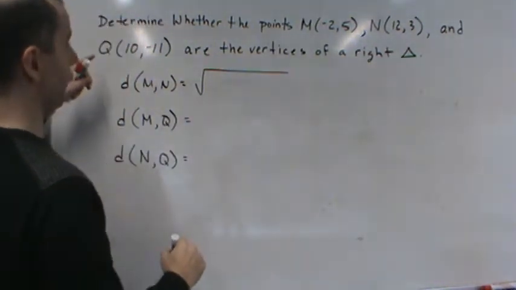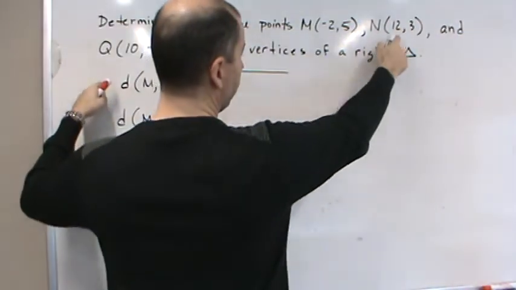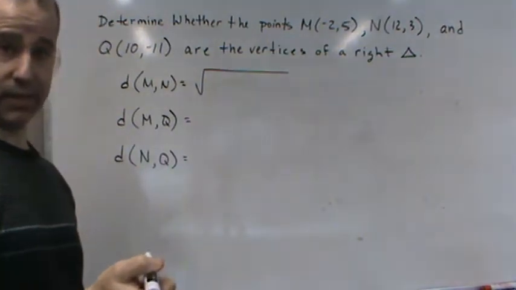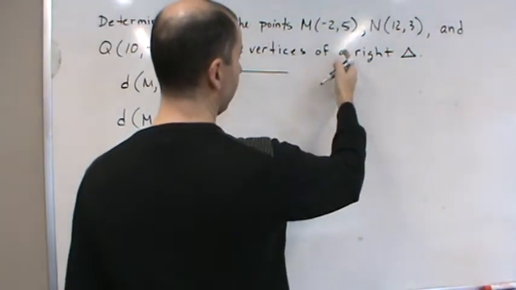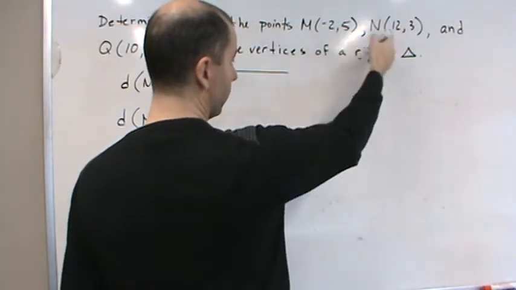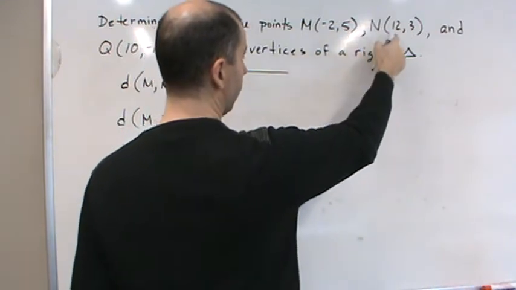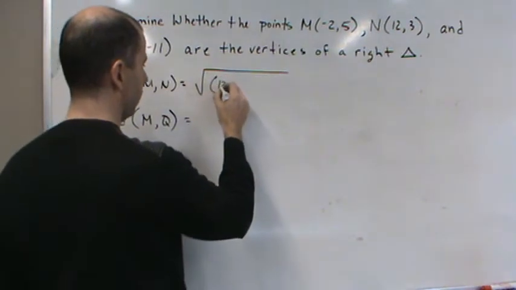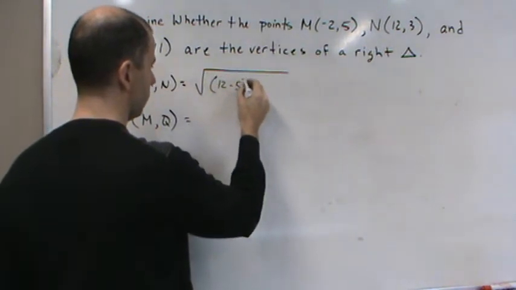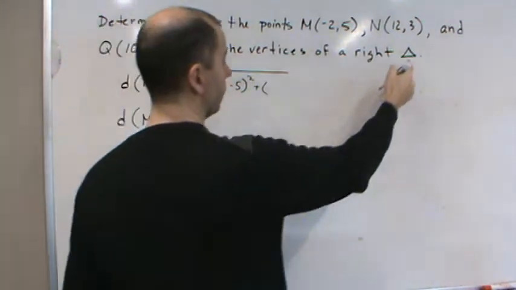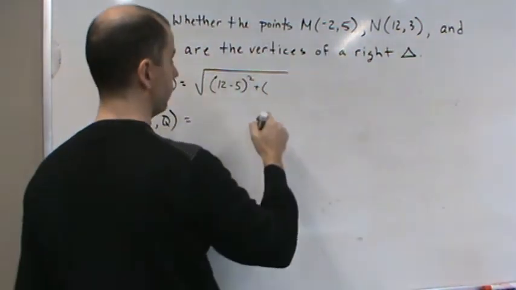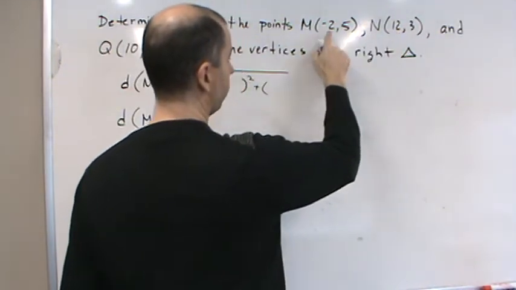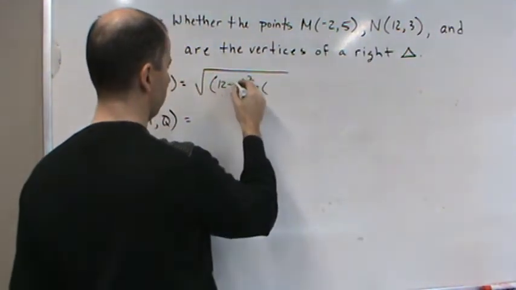So for M and N, we're going to do the difference of the x's squared. It doesn't matter which way as long as we're consistent. So if we do MN, we're going to do 12 minus 5 squared plus 3 minus, I didn't make my mistake, sorry, 12 minus a negative 2.